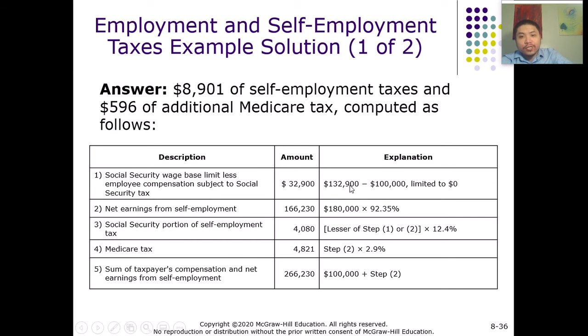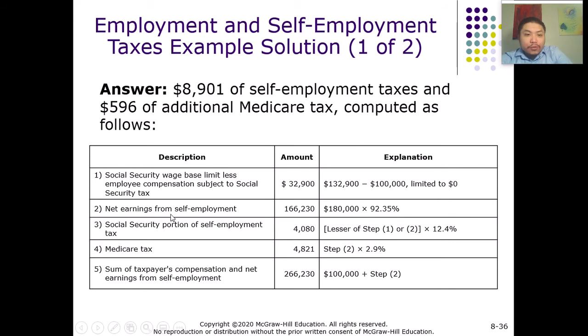So we take 132,900 subtract $100,000, and that gives us 32,900. This is going to be the new tax base for the Social Security tax for the self-employed activities.